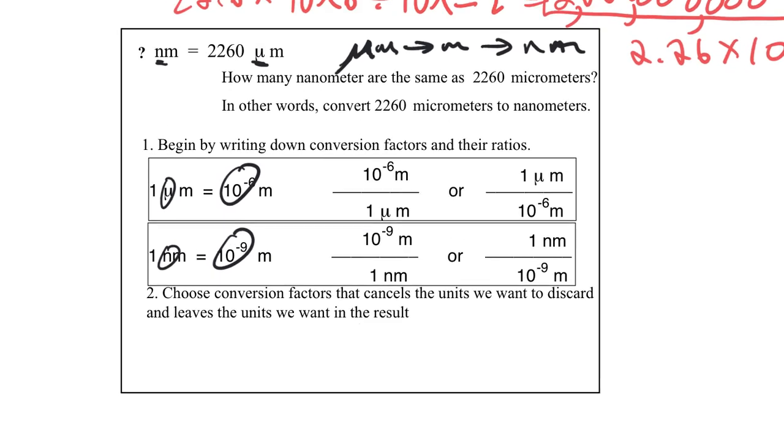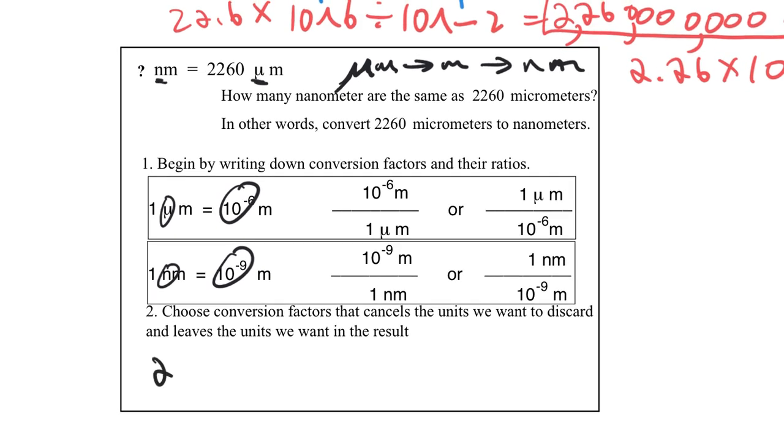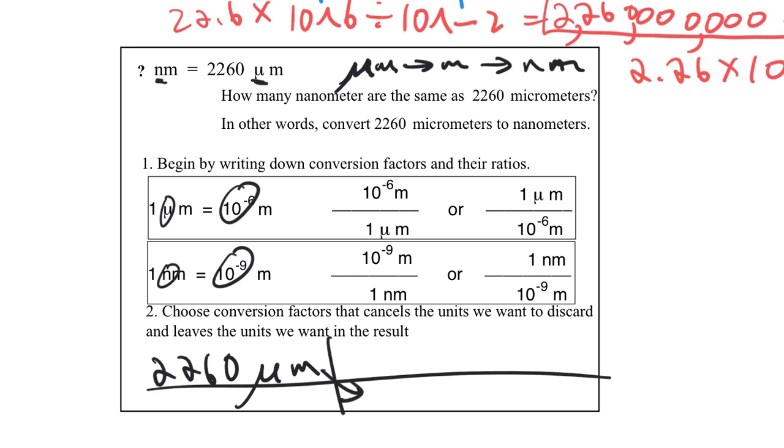Okay, so we're going to start with our known term, 2260 micrometers. We're going to take the prefix unit down and go to the basic unit, which is always the second letter.